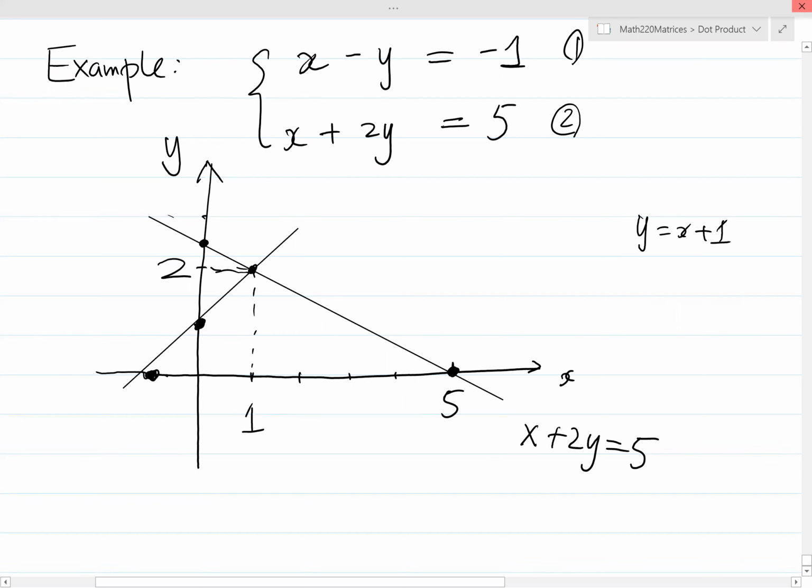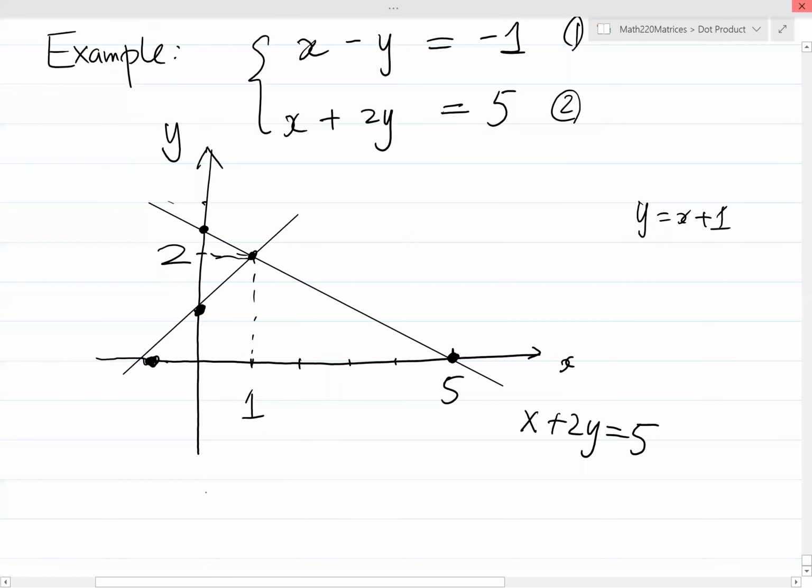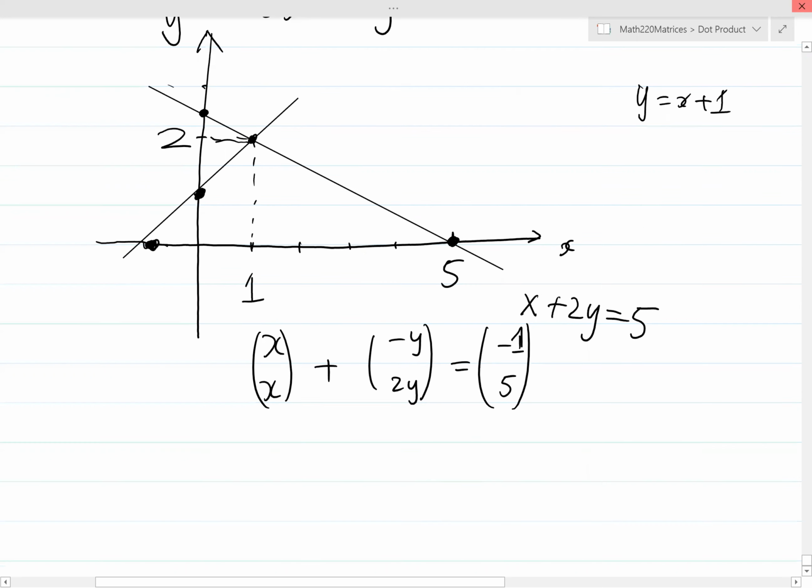We can also write it in this form, using matrix multiplication. You see the coefficients of x: you write it as x times (1, 1) plus y times (-1, 2), which equals (-1, 5).